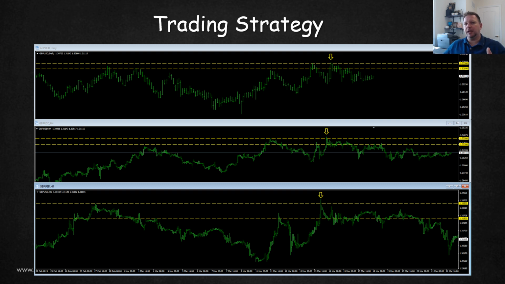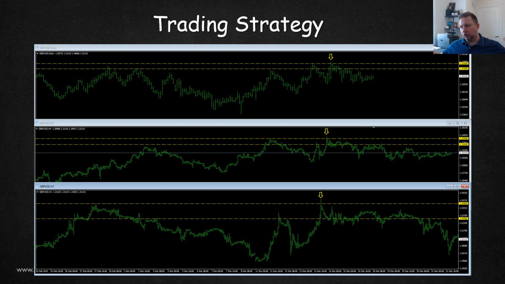In this example, I'm showing a resistance. It applies to support as well. As you might already notice from my previous videos, I'm a big fan of multi-time frames, because each time frame for me represents a separate money flow.